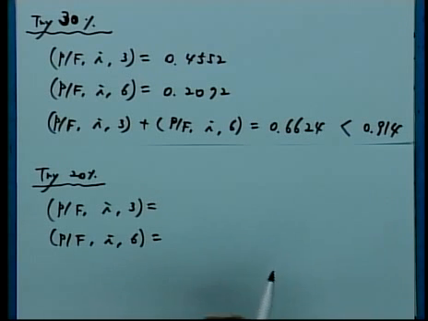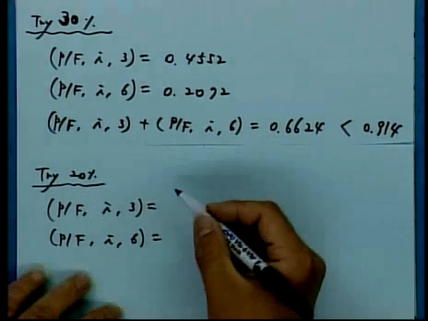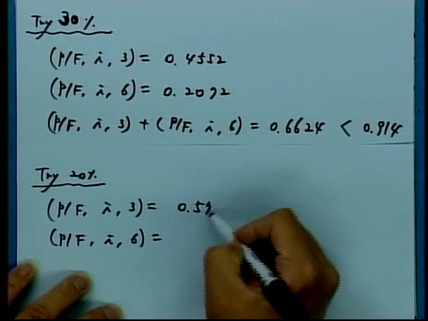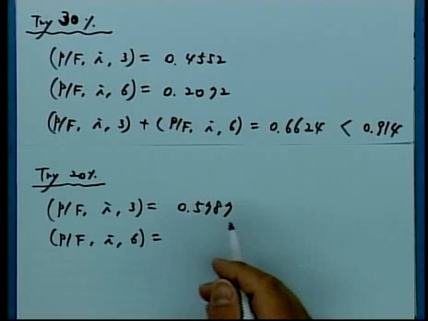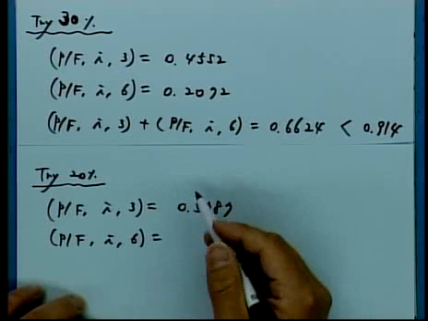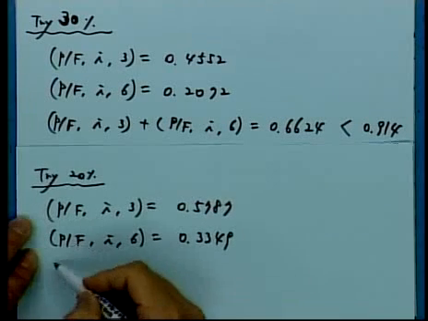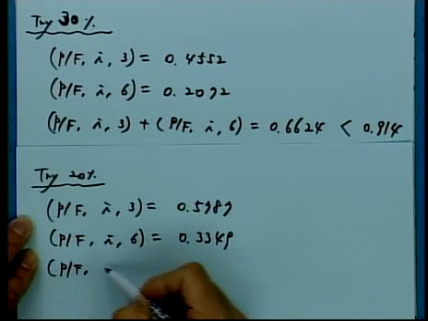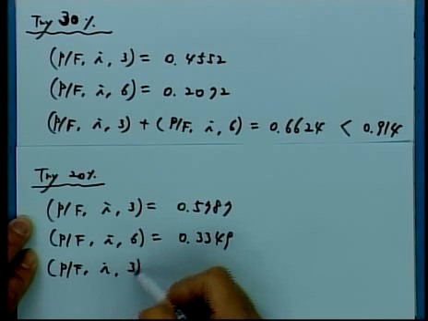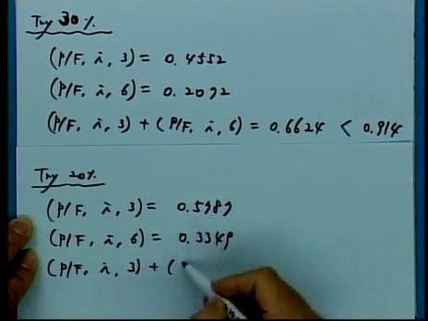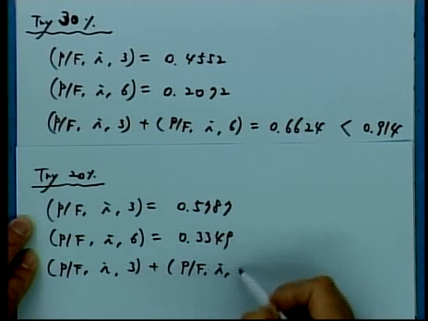Okay, there is 0.5787, and 0.3349. Then how about the sum?